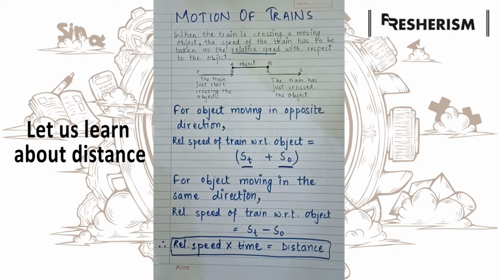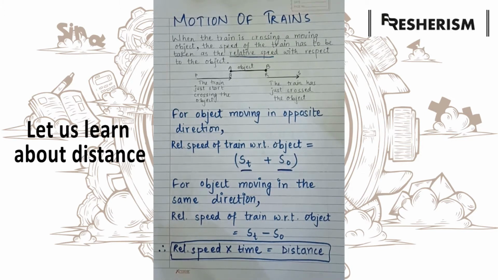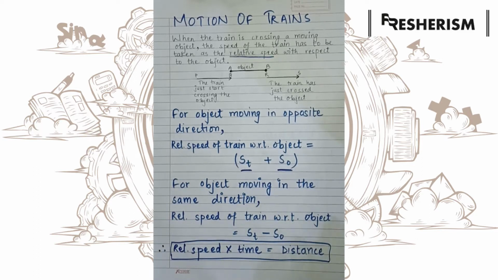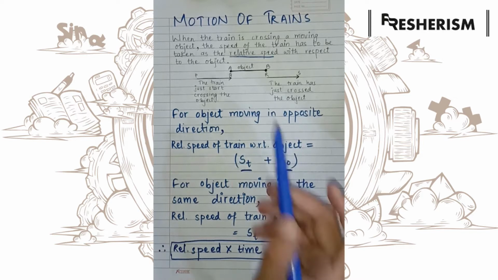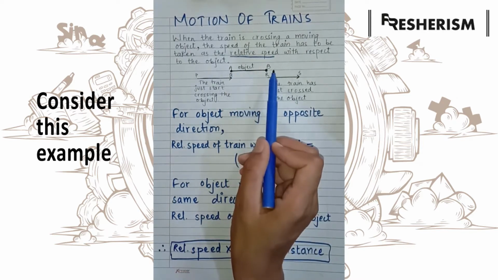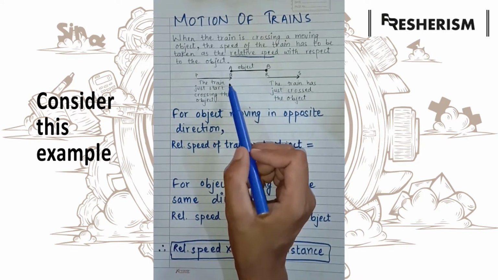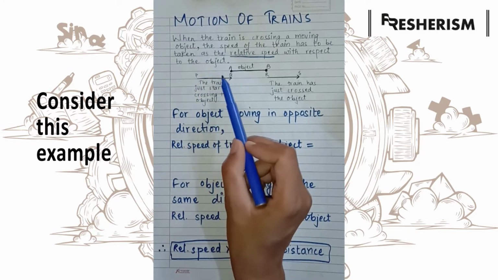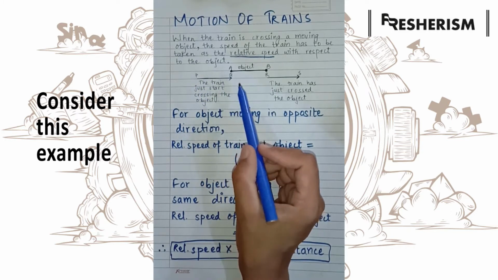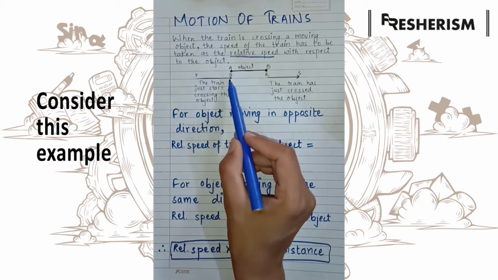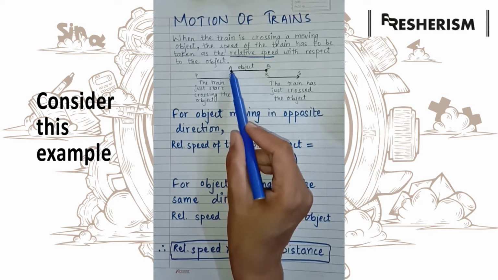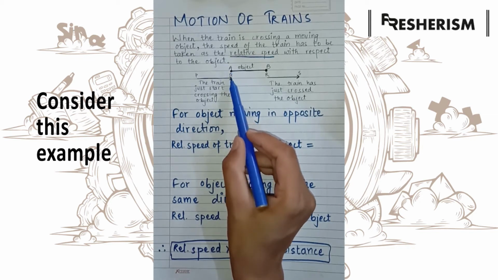Now let us see more about the distance. We have to find out how much distance the train travels while crossing that object. So let us consider there is an object AB which is moving in some direction, and we have the train which is PQ. When it just starts crossing the object, there is this point where A and Q are overlapping.